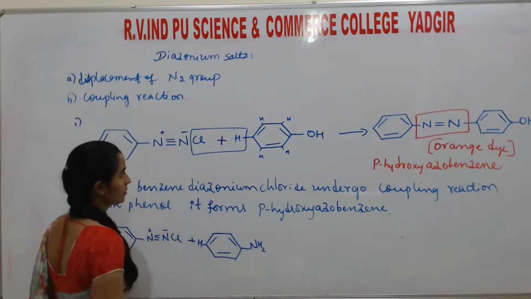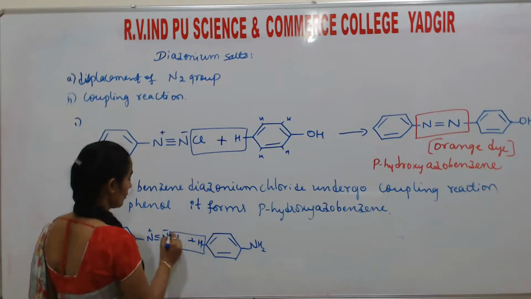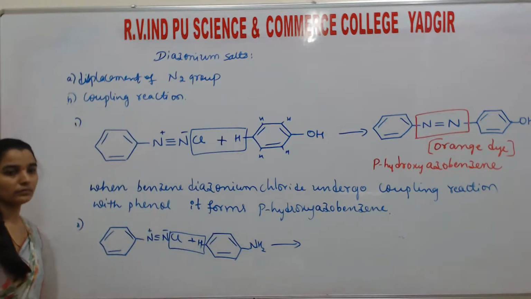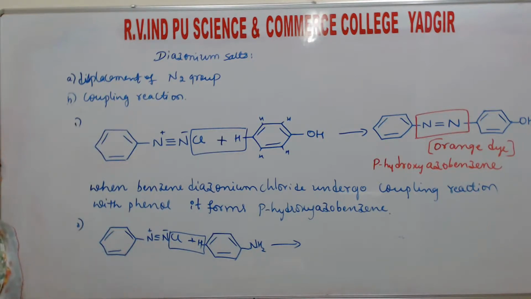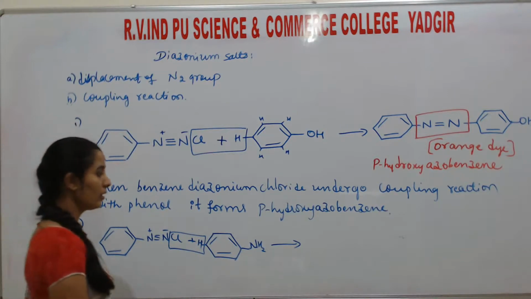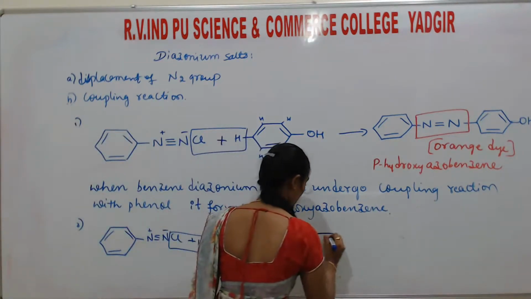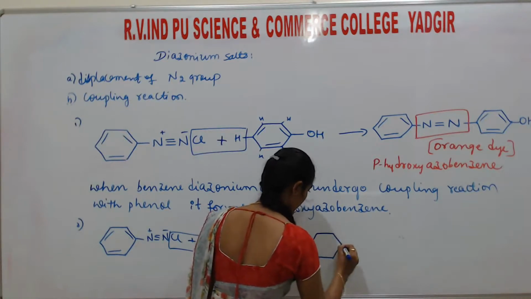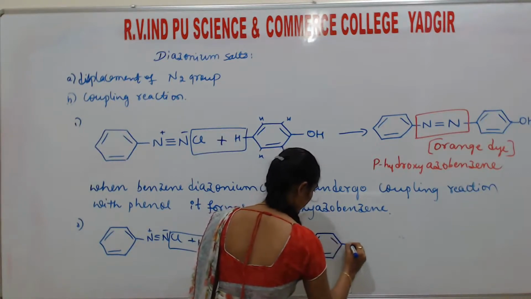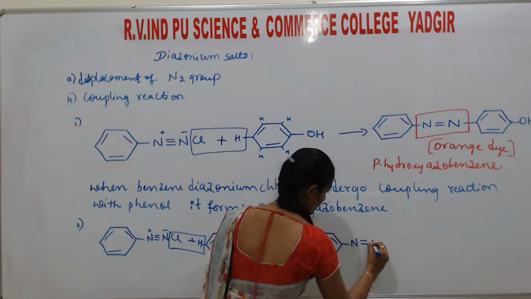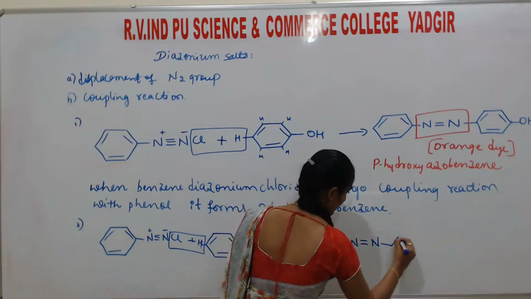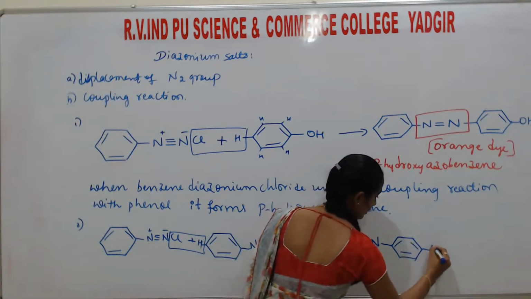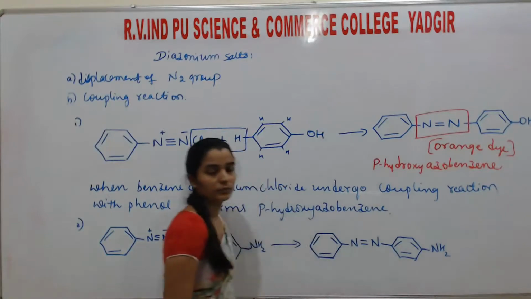Here it is H. So students, these two will be removed, means I hope you can write the product. Okay, if you remove this HCl, I hope you can write the product. So the product is N double bond N single bond. Here NH2. Correct?